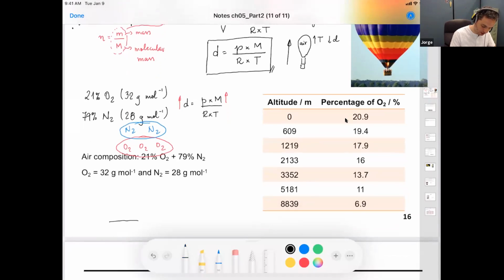If you are at sea level, you have a high concentration of oxygen. When you go up the mountain, because oxygen is more dense than nitrogen, you will have a lower concentration of oxygen at the top of the mountain.